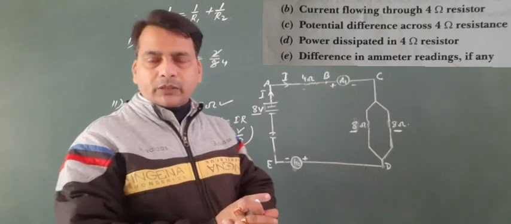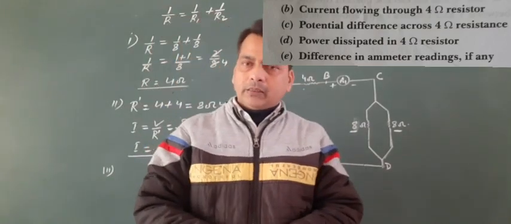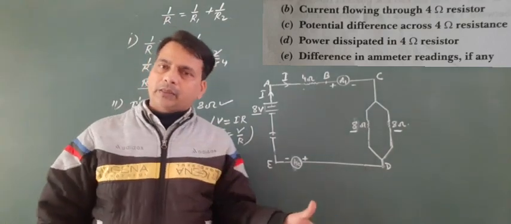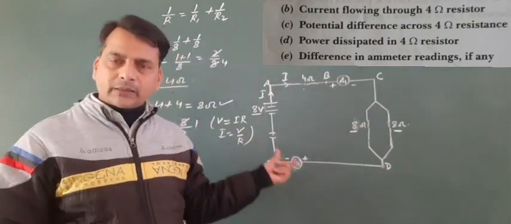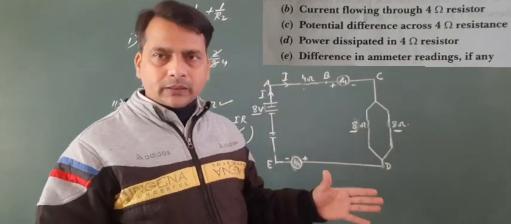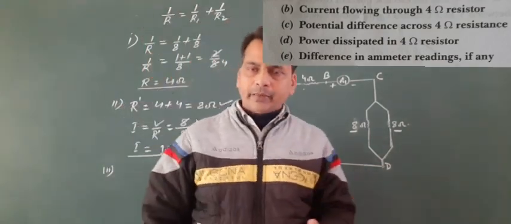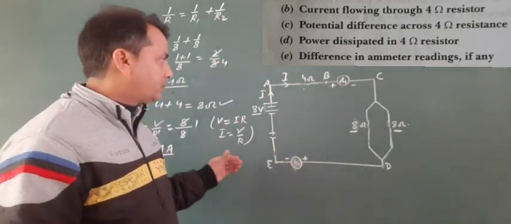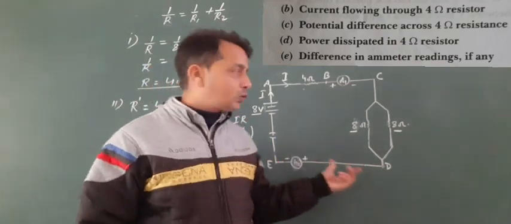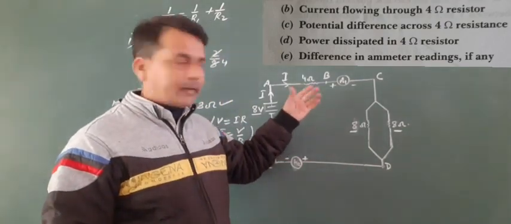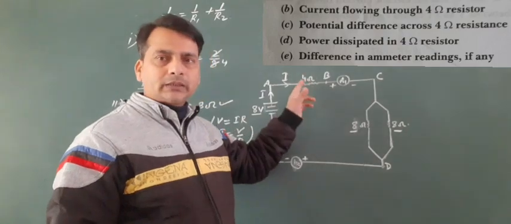As you know, if resistors are used in a series combination in any circuit, then the potential difference across each resistor will be different, and the electric current will be the same in each resistor. So what is the potential difference across the 4 ohm resistor?